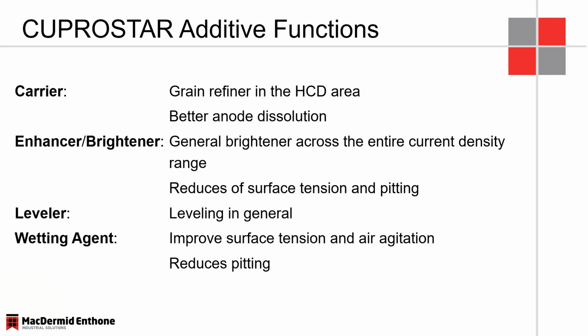My enhancer or brightener component, depending on which system I'm talking about, really gives me that general brightness across the entire part, across that entire current density range. Helps to reduce my surface tension, which aids in pitting reduction as well. Leveler component, pretty straightforward, just aids in leveling that part, that surface. And then my wetting agent further improves that surface tension, allows for reduced air agitation, and reduces pitting as well.